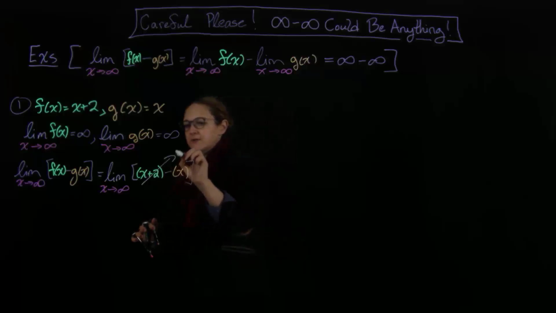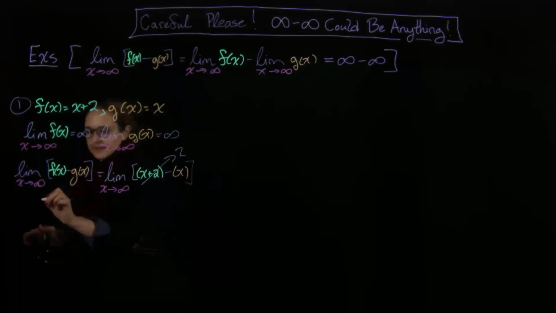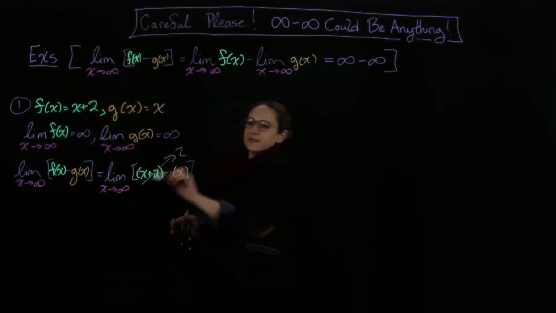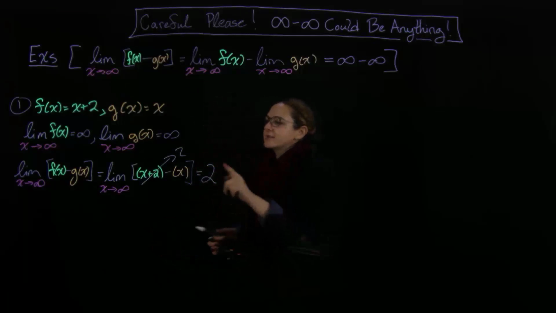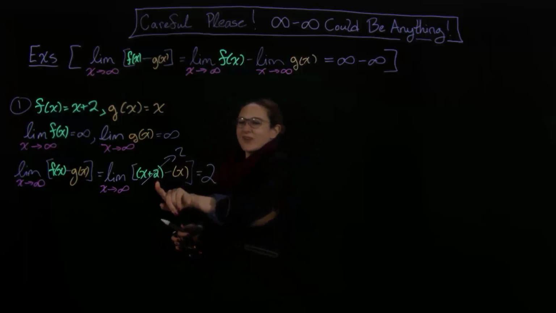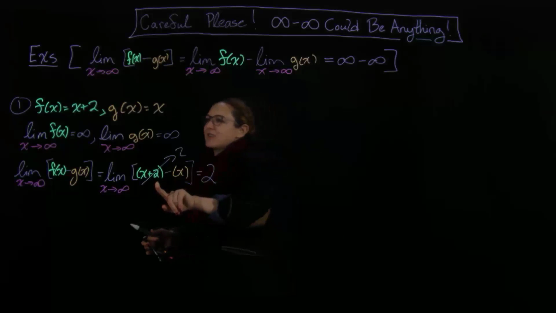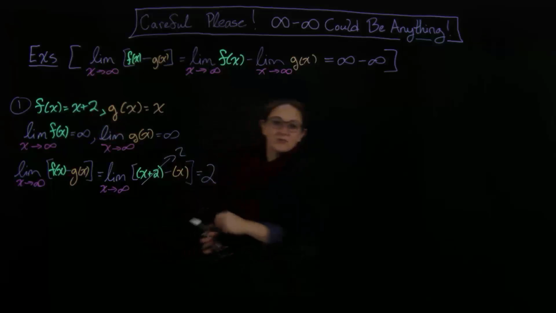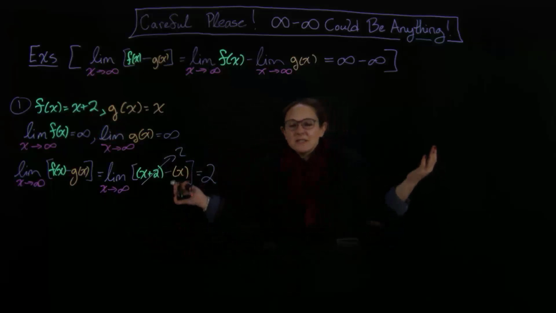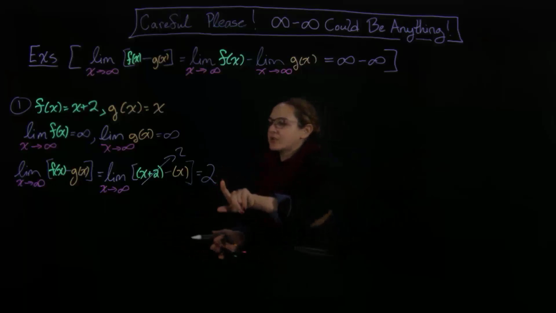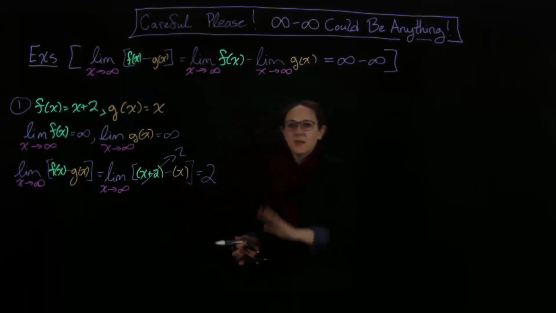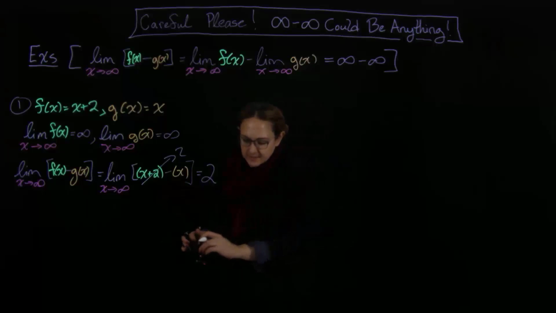So I'm taking the limit as x goes to infinity of 2, so this is going to equal 2. And notice this 2 precisely came from right here. So I could have made that any number by just changing that 2 to whatever I wanted. It could have been pi, it could have been e, it could have been minus 1,000. It doesn't matter. I could have gotten any output. The output is just taken from here. So that's the first example I wanted to show you.